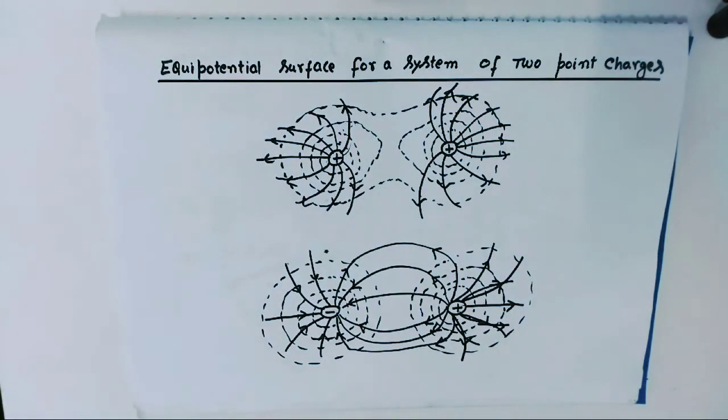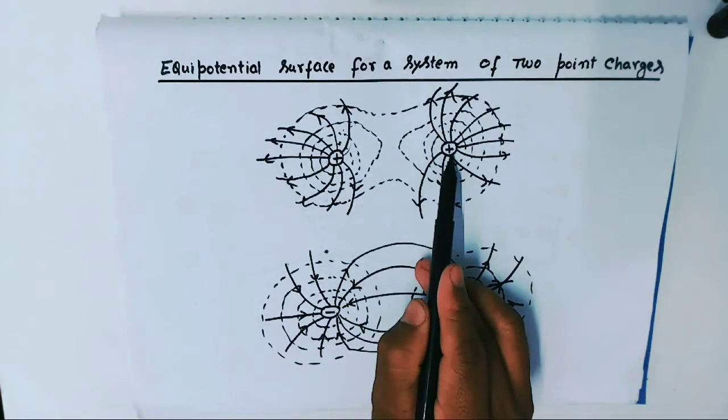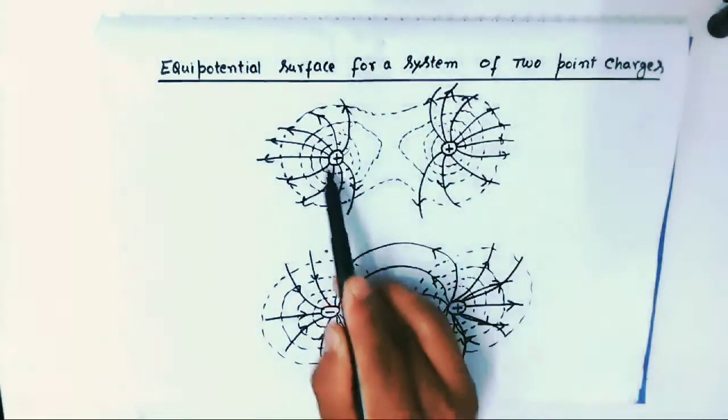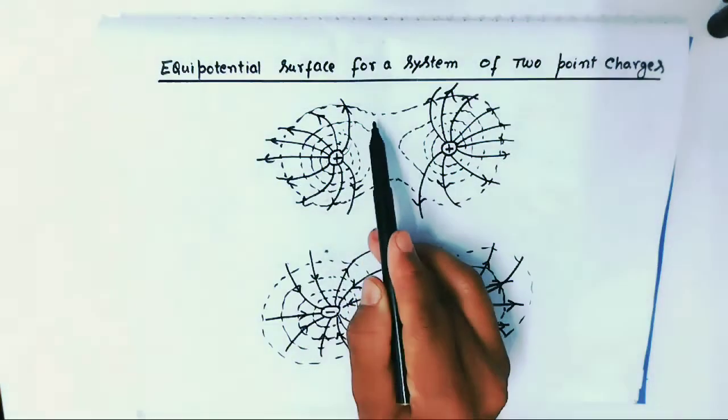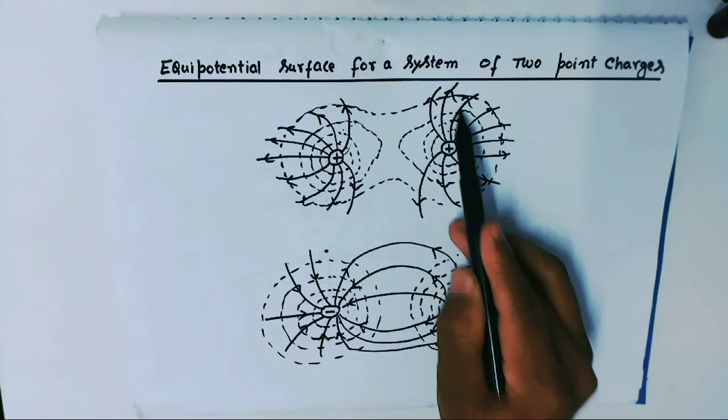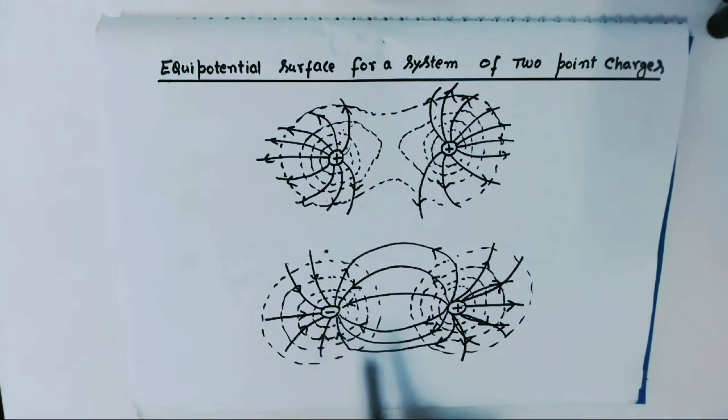If both the charges are positive, then this dotted line represents the equipotential surface, and if one is minus and one is plus, then the equipotential surface is represented in this form by these dotted lines. Remember, the equipotential surface due to the two charges is obtained by adding the potentials at the point due to the two charges.